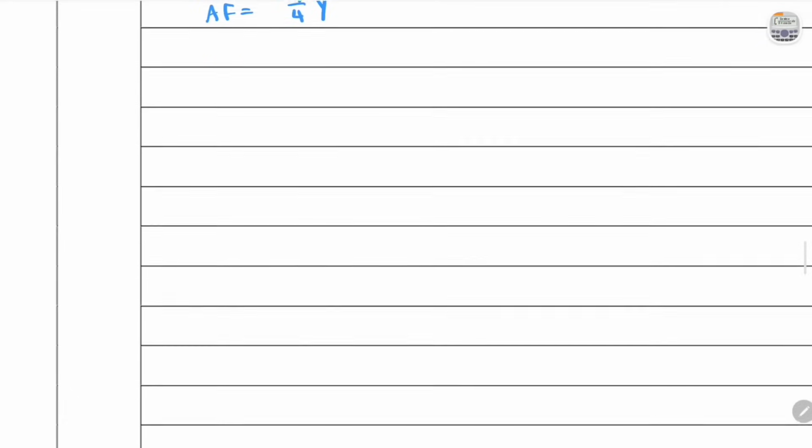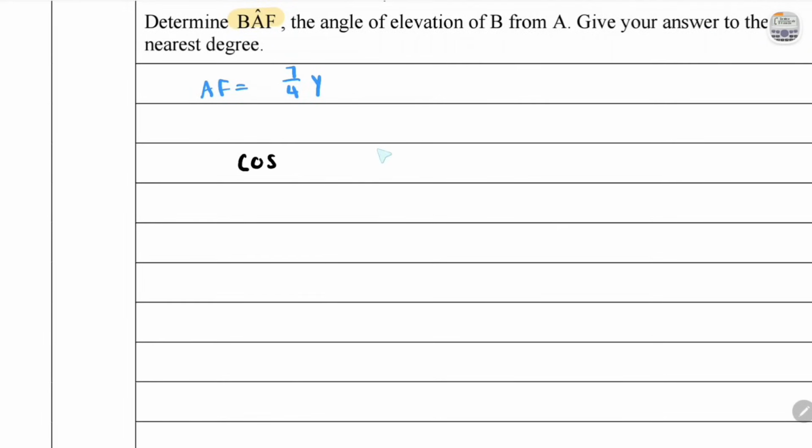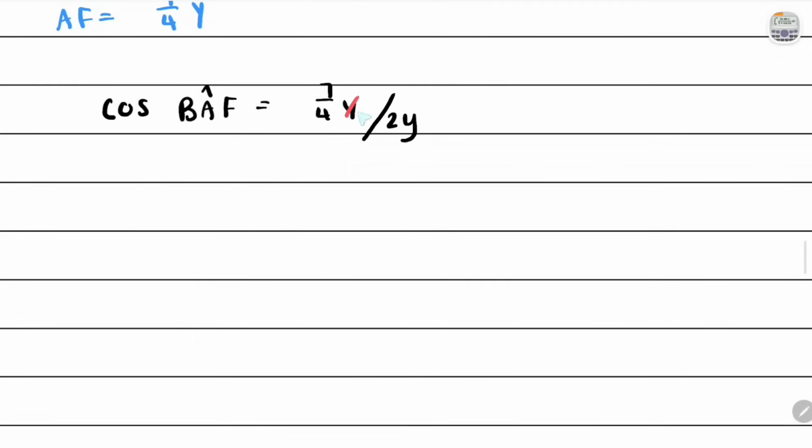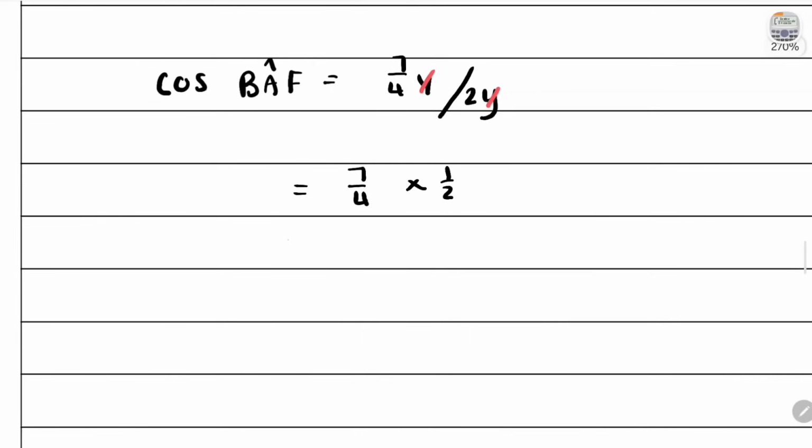So cos of angle BAF equals 7 over 4y divided by 2y. Okay, so y's would cancel, and this is really just 7 over 4 divided by 2, which you can say multiplied by 1 over 2. And so that is just equal to 7 over 8.